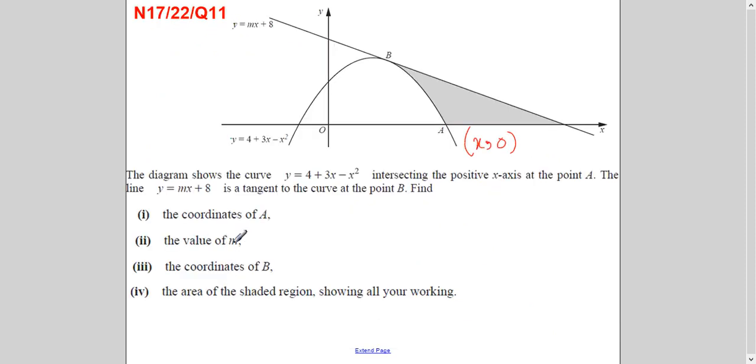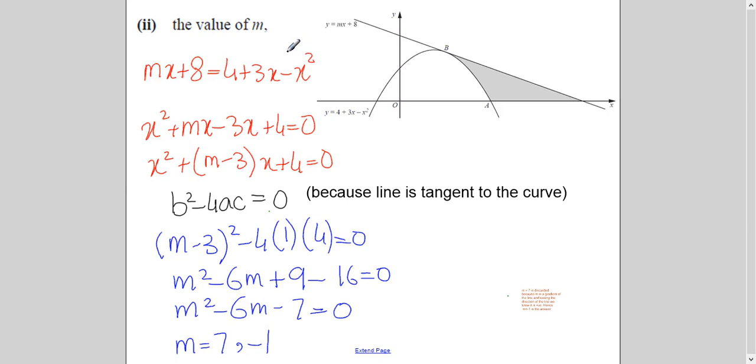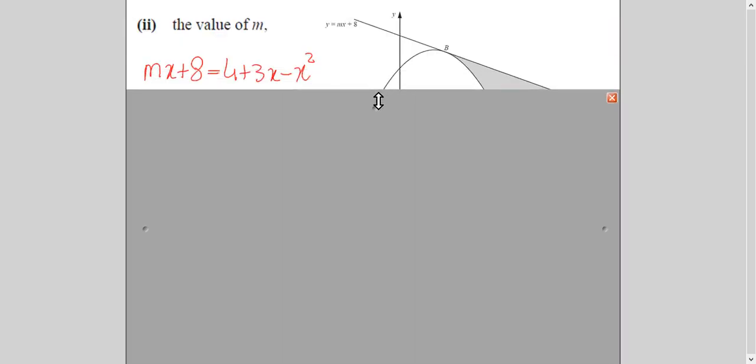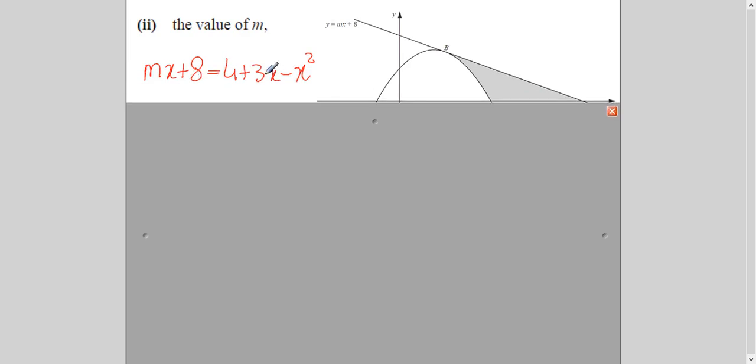Now to find the value of M, which is the gradient of the line, what will we do? What comes to your mind? The line and the curve are meeting, right? If the line is tangent to the curve, this reminds us that the discriminant will be equal to 0. Now you know the characteristics of the discriminant: if it is equal to 0, the line touches the curve.